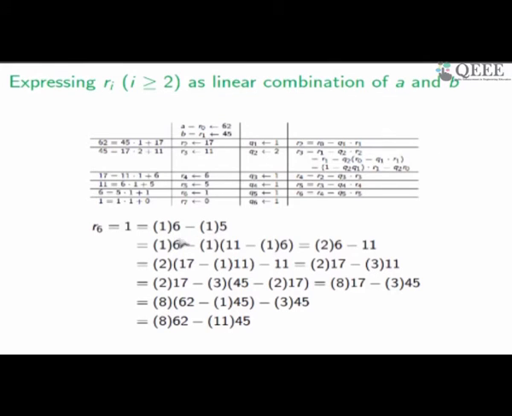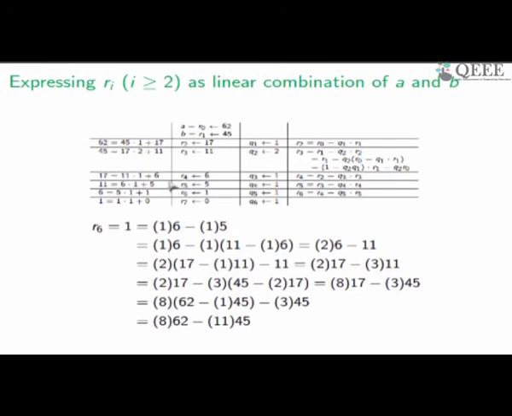Now if we take the previous equation, you can represent 5 as 11 minus 6 into 1. So this 5 gets represented as 11 minus 6 into 1, and this is equal to 2 into 6 minus 11.